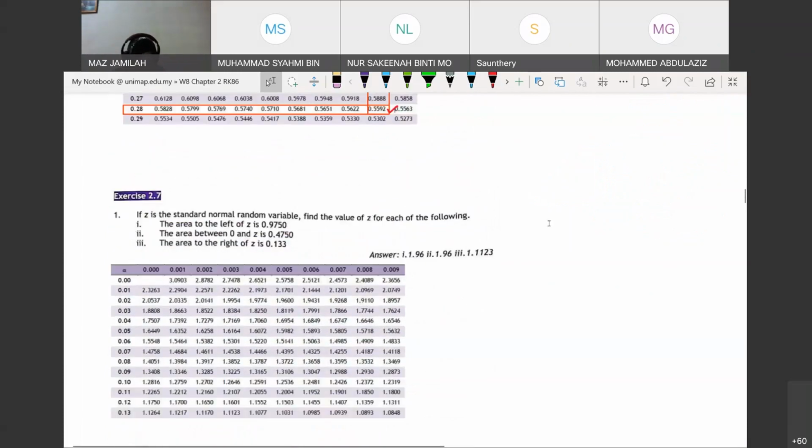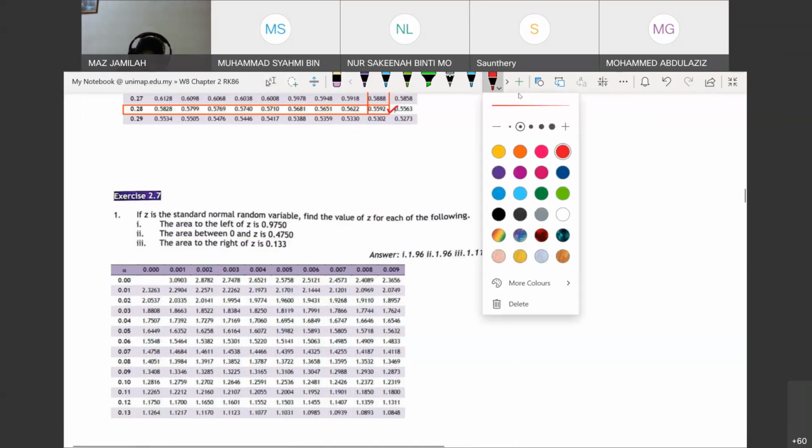Now, exercise 2.7 on page 62. If z is the standard normal random variable, find the value of z for each of the following. The area to the left of z is 0.9750.